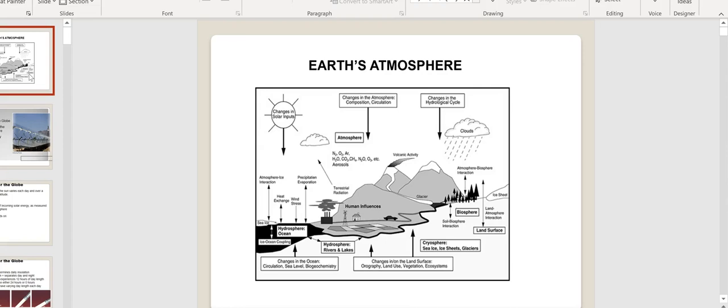At that point, as humans, we're unable to see it, right? And then when it evaporates where? Into the atmosphere. So that is one example of how the hydrosphere and the atmosphere interact and overlap.